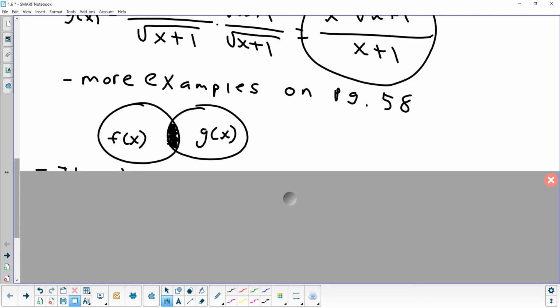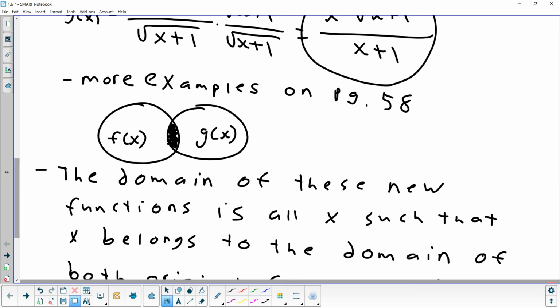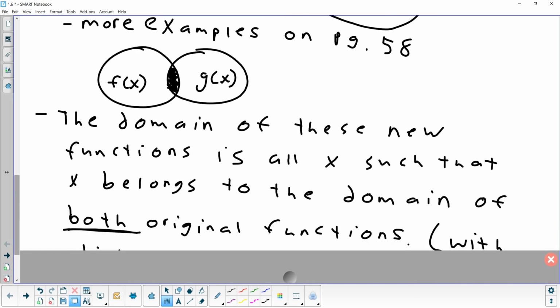It's all the numbers that were in the domain of f of x and g of x. So the domain of the new function is all x values that belong to the domain of both original functions.